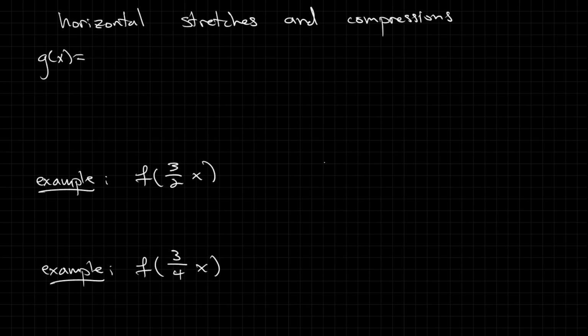Now that we've introduced the vertical stretches and compressions, let's introduce the horizontal ones. So horizontal stretches and compressions will happen when you have f of a constant times x in the parentheses. Remember, when something gets changed inside the parentheses, then horizontal transformations happen. When it's outside the parentheses, vertical transformations will happen.